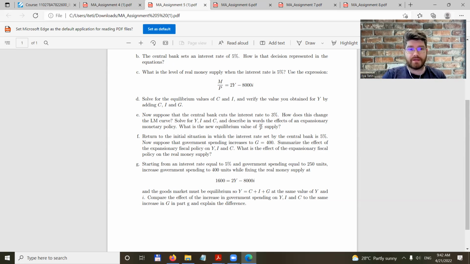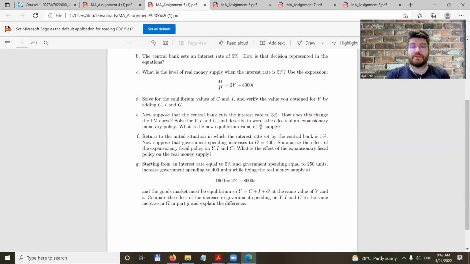A fiscal expansion increases output. Consumption increases because the output just increased. And when the central bank keeps interest rates at 5%, then investment increases as output increases. So there will be the new level of investment, the new level of consumption and, of course, the new level of the real money supply.